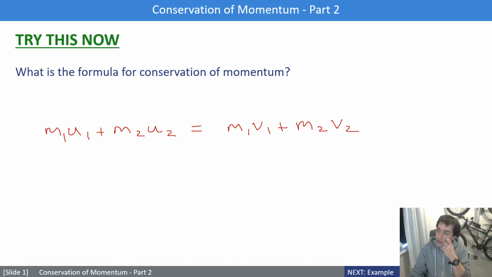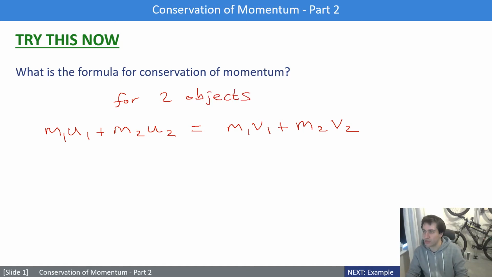Okay, where initial and final are obviously relative terms, it just means that one occurred before the other. And technically speaking, the full formula would involve sigmas, and then you'd take into account how many objects you've got. So this is just the formula for two objects, but the formula for any number of objects generalizes from the one for two objects, because if it's the case for any two objects in the world, then you can just pair them up.